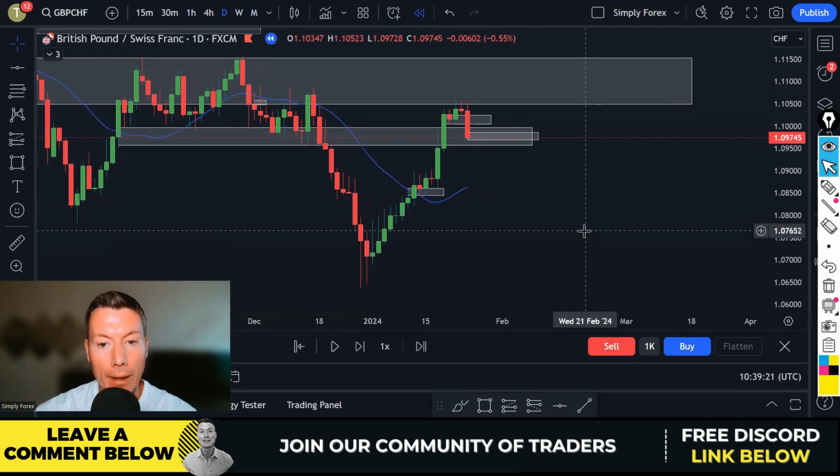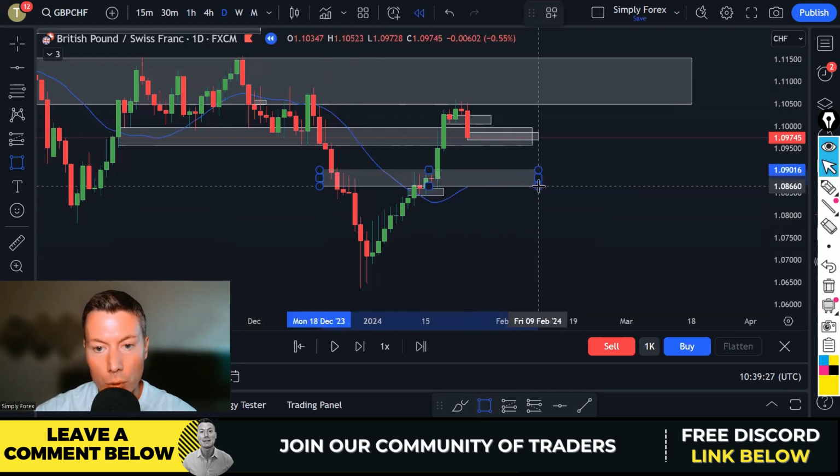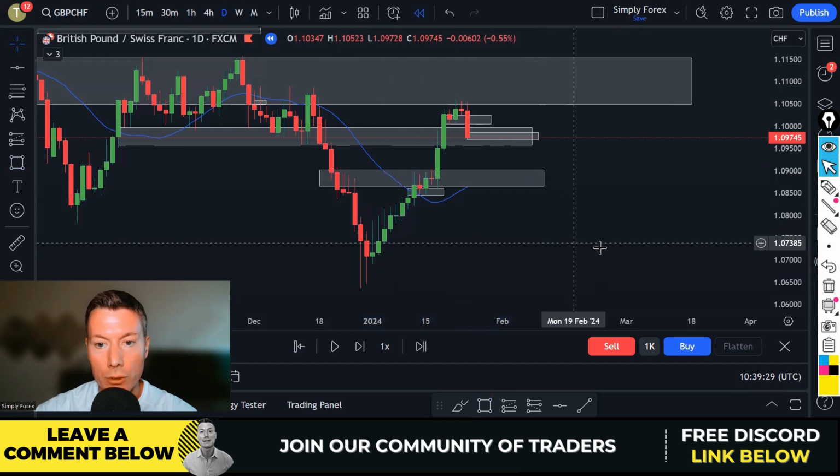And if I was a buyer, where would I want to get in? So you can clearly see there is some movement in here, right? You can see these last wicks in here. There was some movement in here, all right? And we've got the moving average 20 coming round as well. So we know this could potentially be a good area.